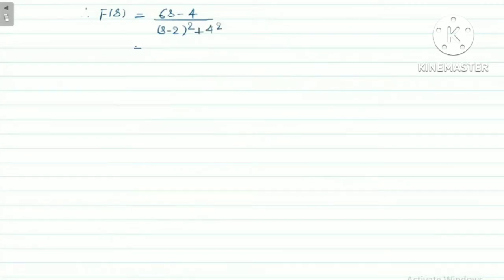We want to take 6 as common, so we write 6s minus 4, subtracting 8 and adding 8, so this becomes 12. You can take 6 as common because 12 is a multiple of 6, divided by s minus 2 whole square plus 4 square.